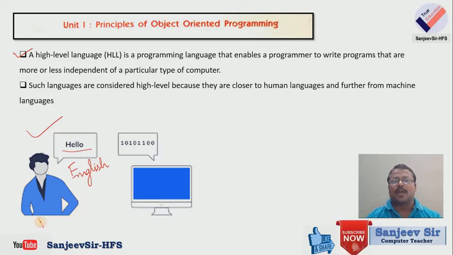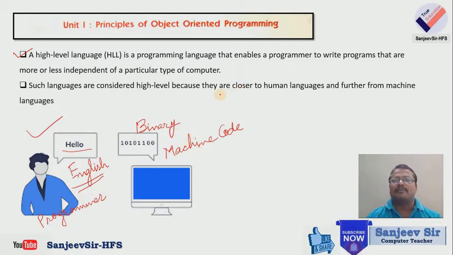So the programmer needs to write in English language, with no need to transfer into the computer's form, but the computer understands binary, that means machine code. So we need one translator to convert our language into a machine understandable form.